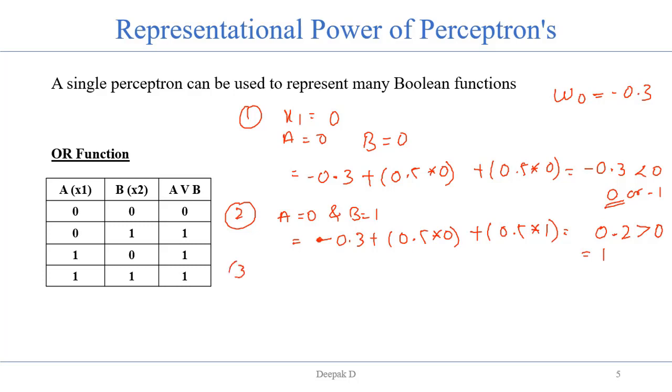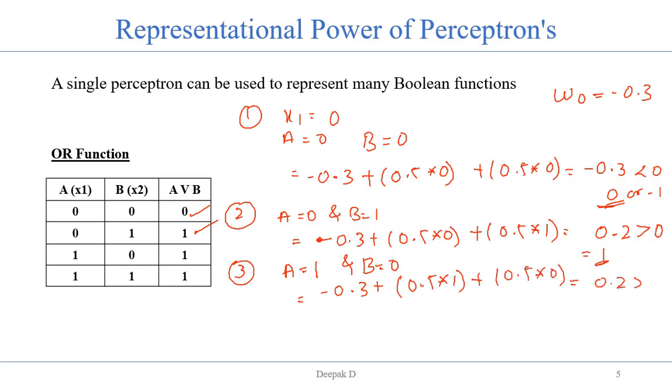For the third instance, a equals 1 and b equals 0, substitute the values: minus 0.3 plus 0.5 into 1 plus 0.5 into 0. Again you will receive 0.2, which is greater than 0. The output will be 1.